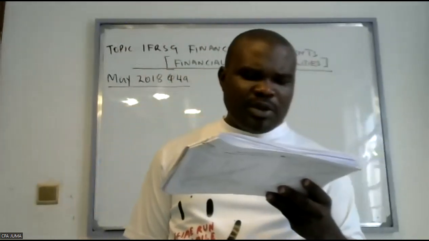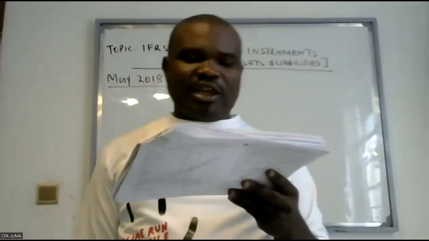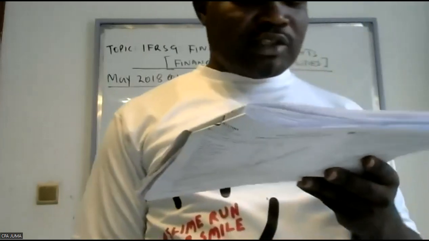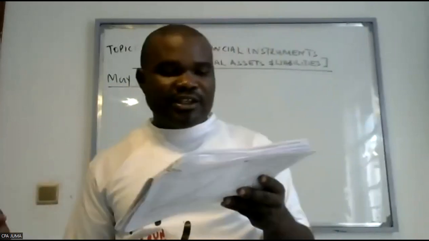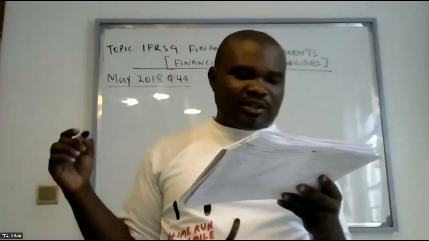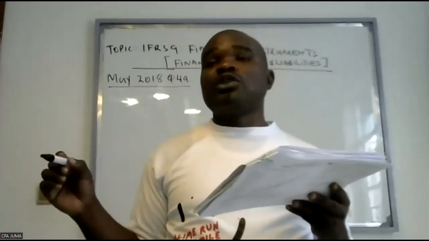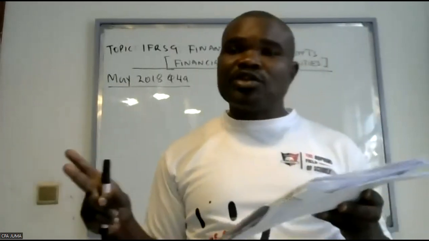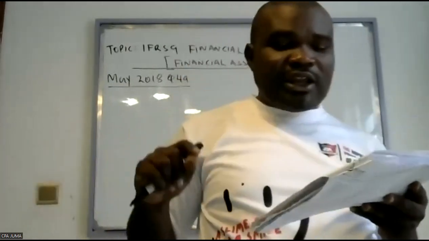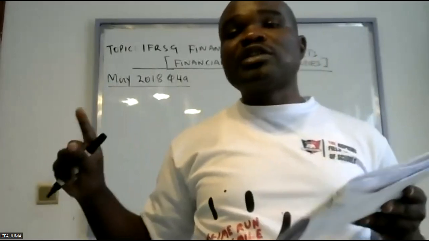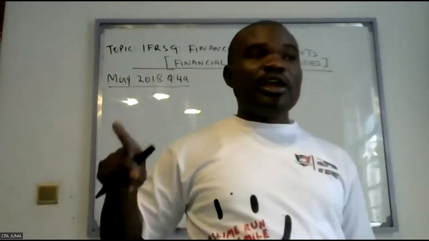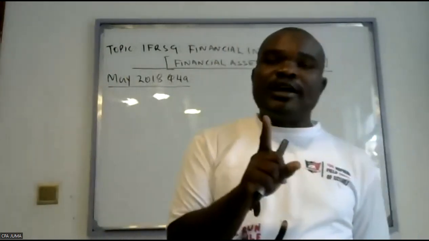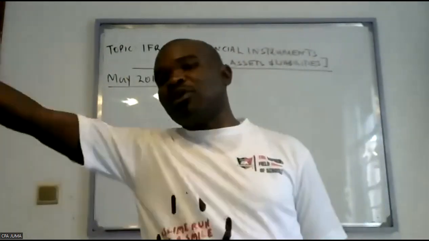The bond has not been designated as at fair value through profit or loss. It means, you know, the classification. If it is not designated at fair value through profit or loss, it means it is designated at fair value through other comprehensive income. Other comprehensive is the long term, and the long term is the one which qualifies for amortization.